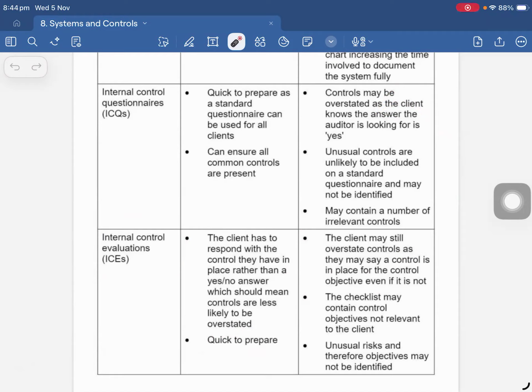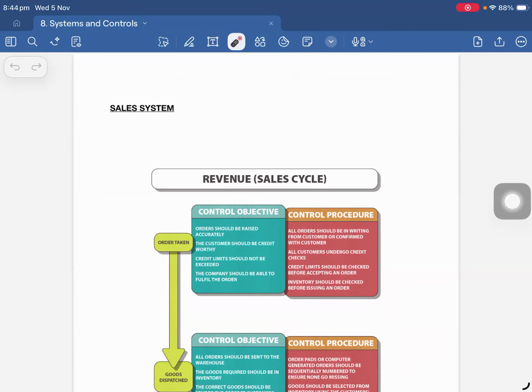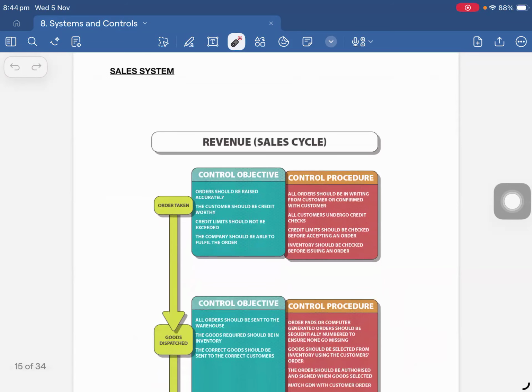And sometimes the checklist cannot have relevant objectives of controls, right? And the last thing is there could be unusual risk subjective to the organization, and certain controls may go undetected, missing. Understood?